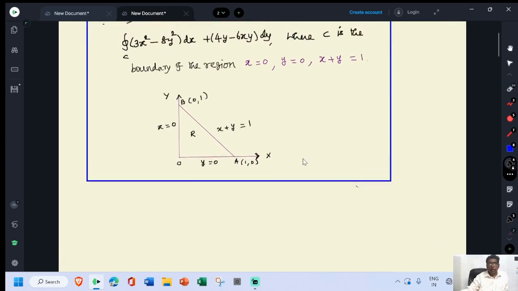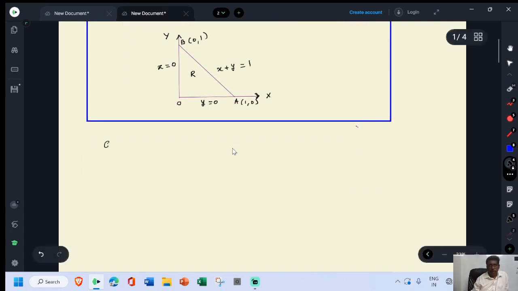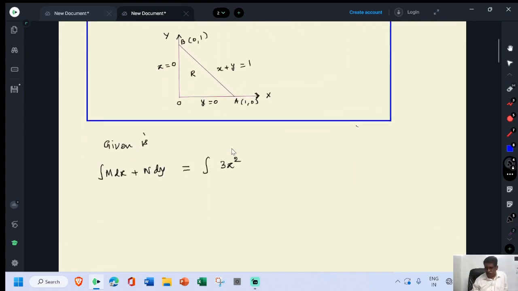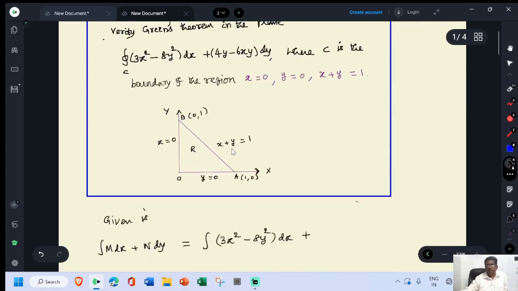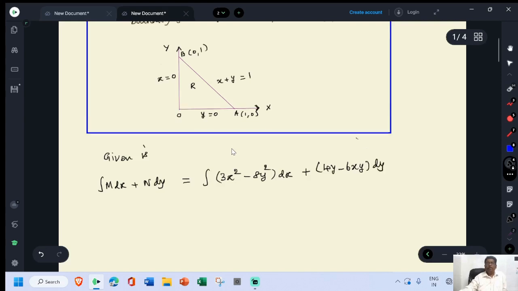Now the given integral is ∮ M dx + N dy, which is equal to (3x² − 8y²) dx + (4y − 6xy) dy. This is given.